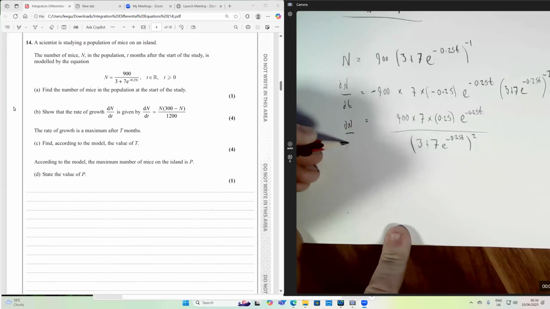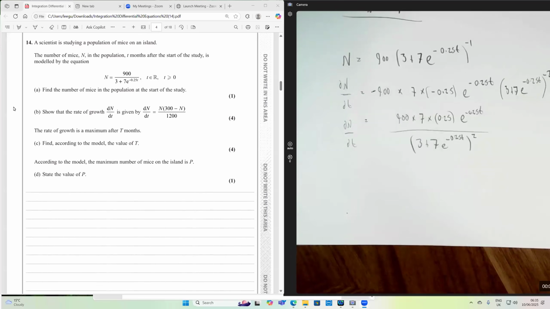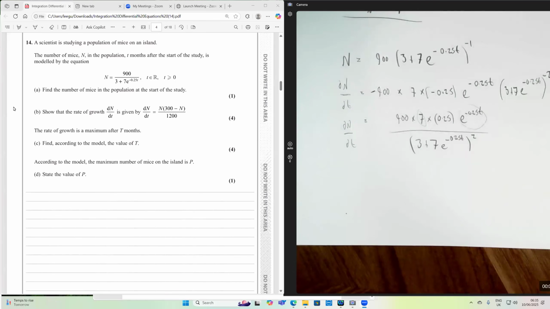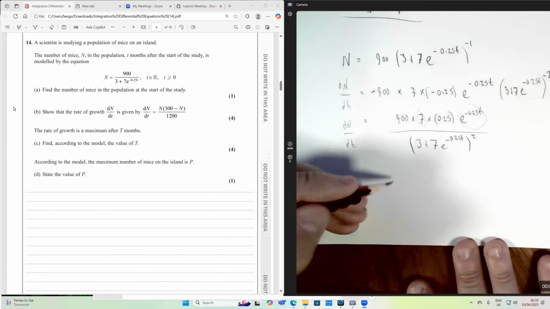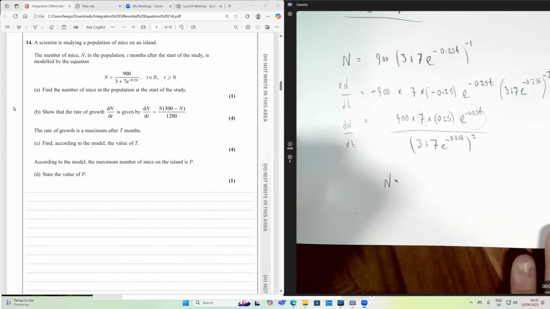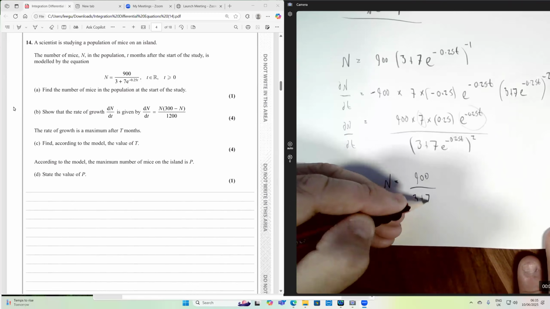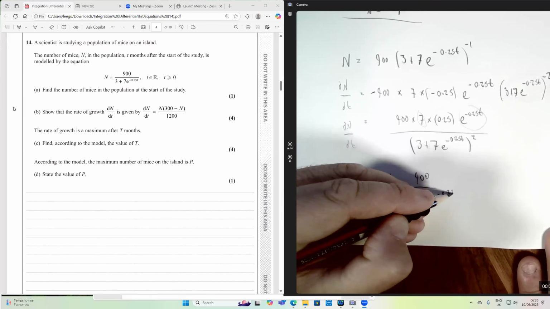Now, for this next bit, there are various ways of approaching it, and I've settled on a version that I think is quite nice. Let's have a look, first of all, and think about which bits we can replace. So I feel like we're going to replace the 7 and the e to the minus 0.25t first. So let's have a look at our original equation. So n is equal to 900 over 3 add 7 e to the minus 0.25t.